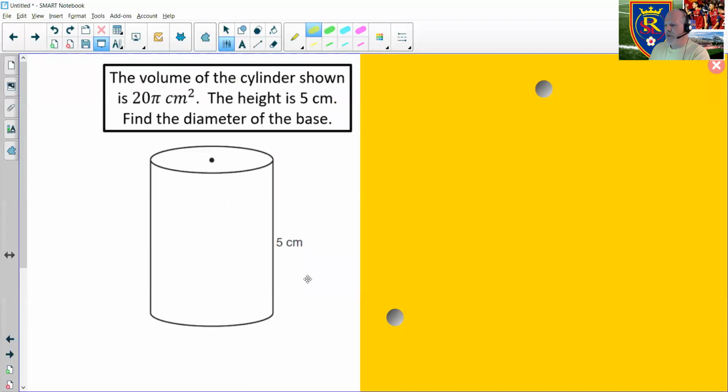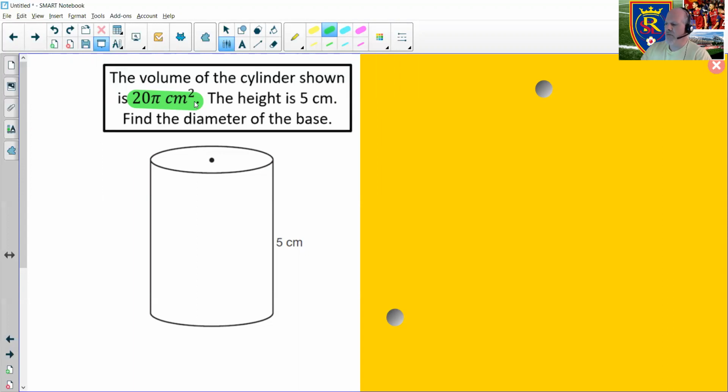The next example gives us another cylinder. This one is a bit taller than it is wide anyway. And the volume this time is given. So the volume is 20 pi square centimeters. Excuse me, that should be cubic centimeters. That's a typo.